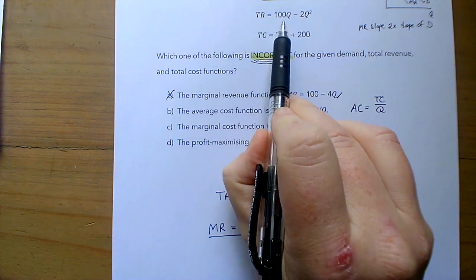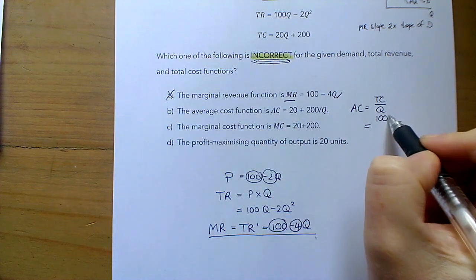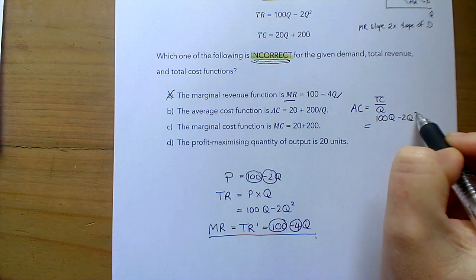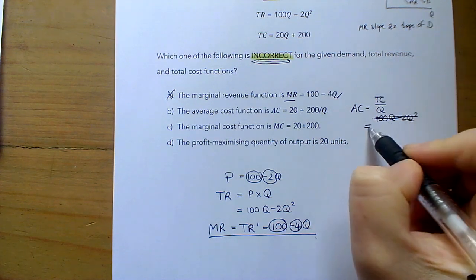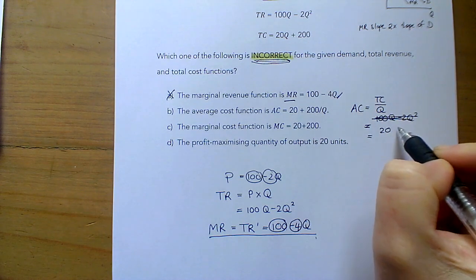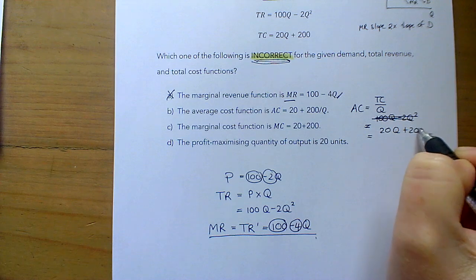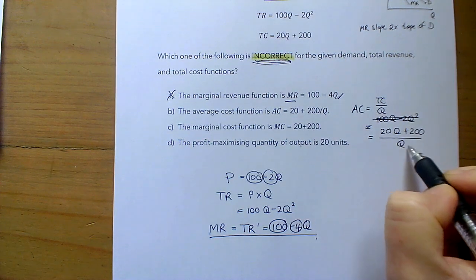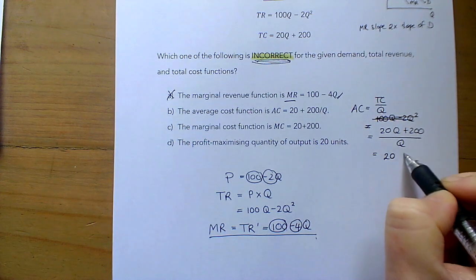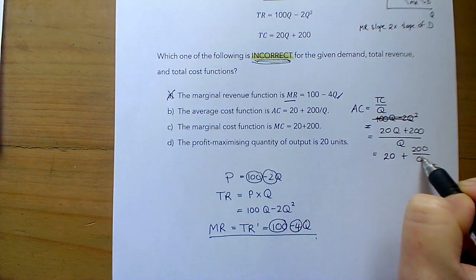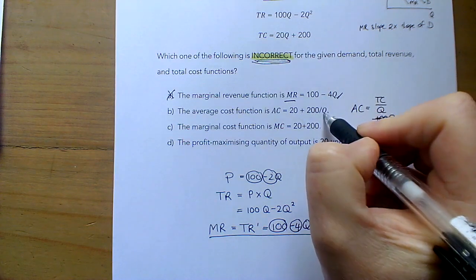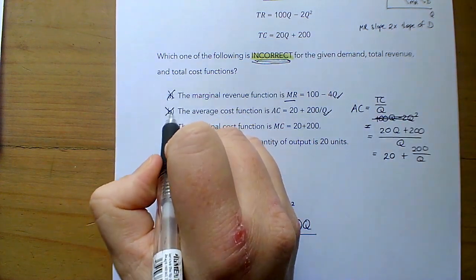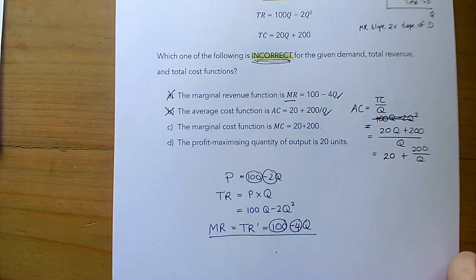If I take my total cost function, which is 20Q plus 200, and divide by Q, I'll have 20 plus 200 over Q. And that is exactly the average cost function I have here. So that is a correct statement, which makes it incorrect for this question.